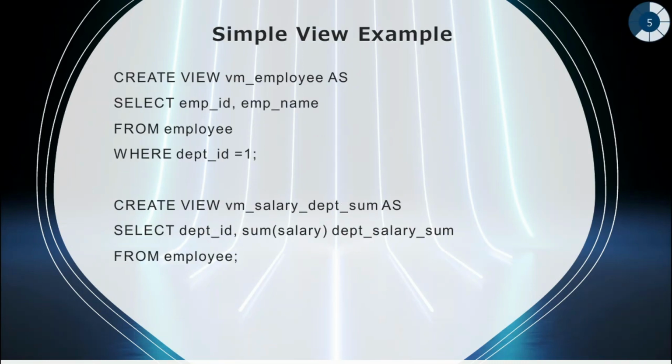So friends, here I am showing you a simple example of a simple view. Create view VM employee as. Why have I written VM? Just to identify that it is a view. Generally, follow some guidelines while creating views, so you can easily identify this is a view and this is a table.